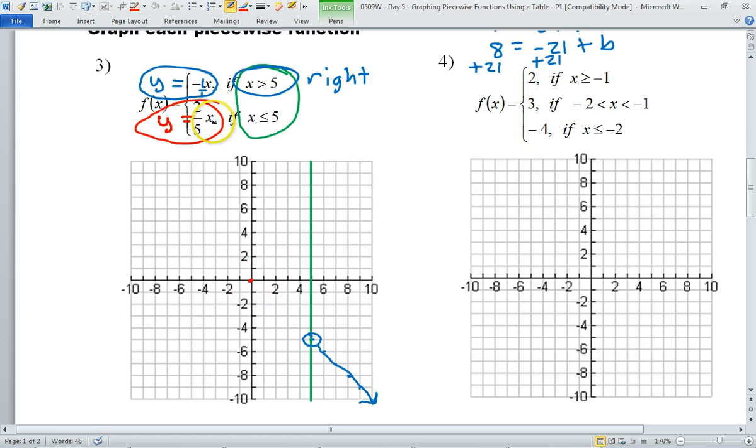Because it's just 2/5 x. There's no y-intercept, so that's a 0. But I'm going to go up 2 over 5. So that's up 2 over 5. Up 2 over 5. Continuing on the left, that's going to be down 2, back 5. Down 2, back 5. So you see those red dots, everybody?